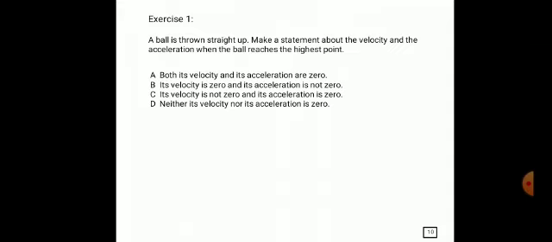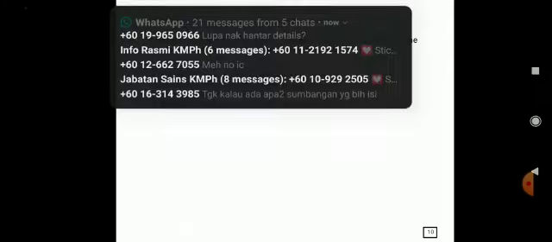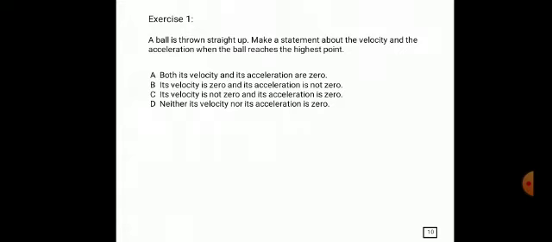No. What happens if the velocity is not 0? If you throw a ball, it would go up into the sky. Do you have a superpower to do that? No, you don't. So velocity is 0 at the maximum height, and C is wrong. And D, neither velocity nor acceleration is 0, is obviously wrong. So the answer is B.